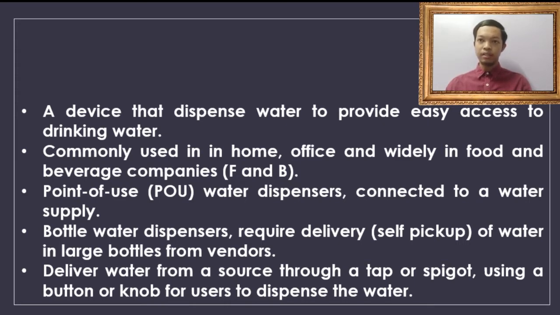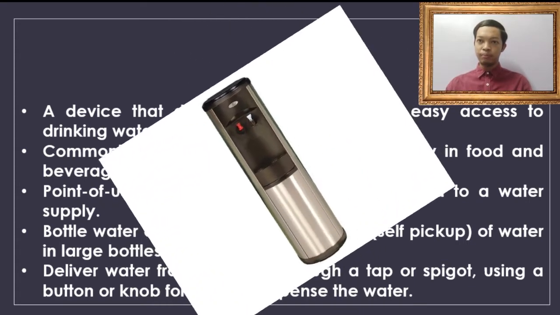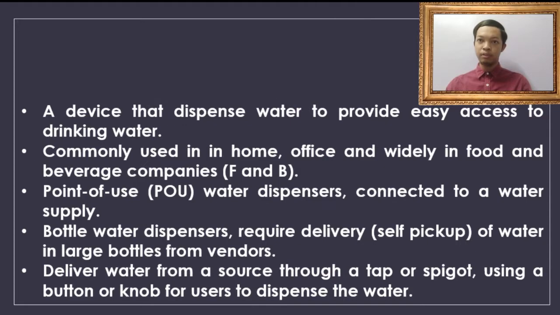They are generally broken up into two categories, which is point of use (POU) water dispensers and bottled water dispensers. POU water dispensers are connected to a water supply, while bottled water dispensers require delivery or self-pickup of water in large bottles from vendors. Bottled water dispensers can be top-mounted or bottom-loaded, depending on the design of the model.